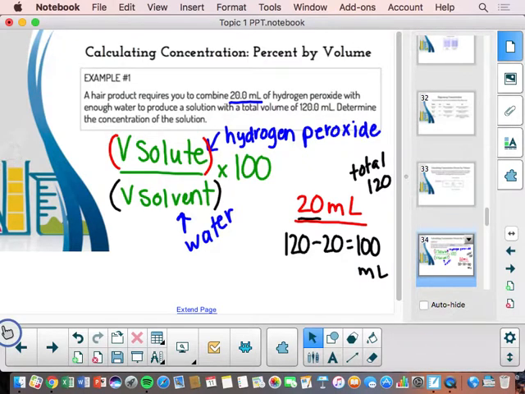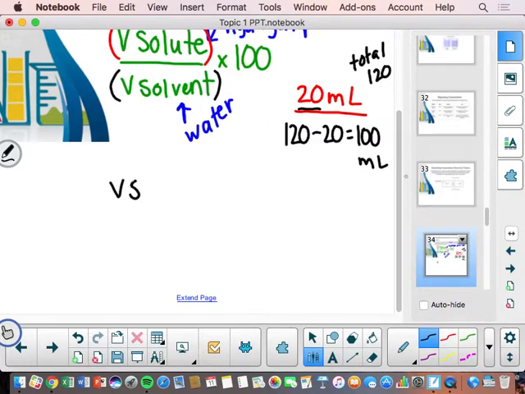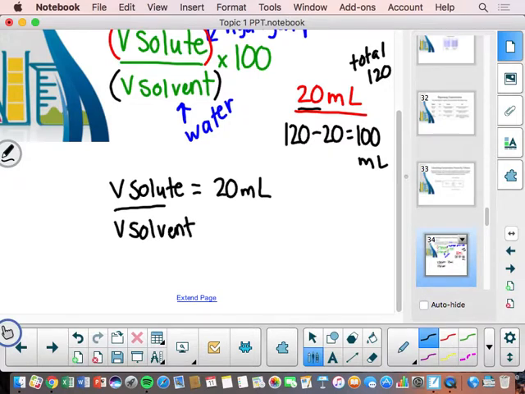Okay, so I'm going to just extend the page here for a second, rewrite this. So our V solute is 20 milliliters divided by our V solvent, which is 100.